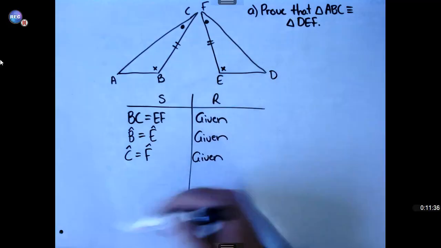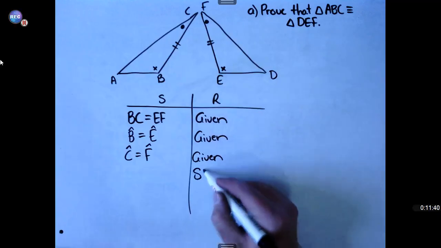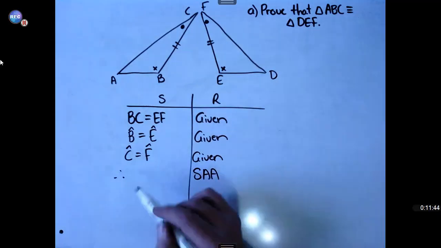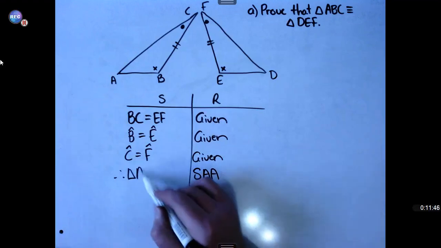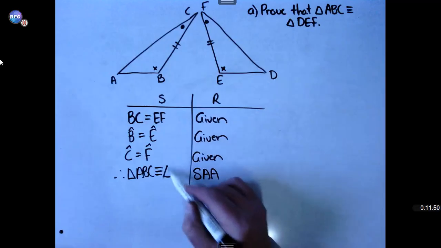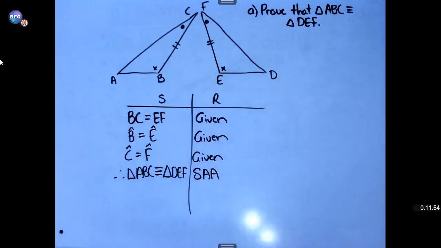Then the condition that you worked with was SAA. So SAA. Therefore, triangle ABC is congruent to triangle DEF. And there you go. There you've proven the congruency with regards to the triangle.